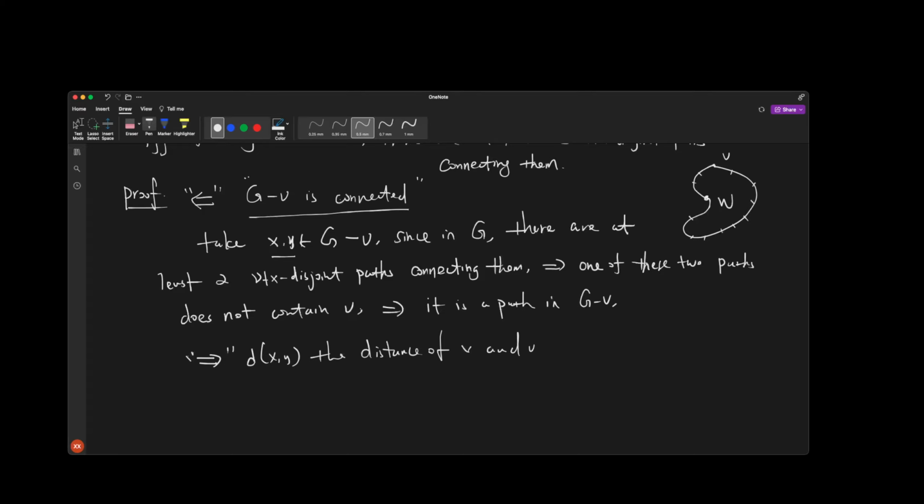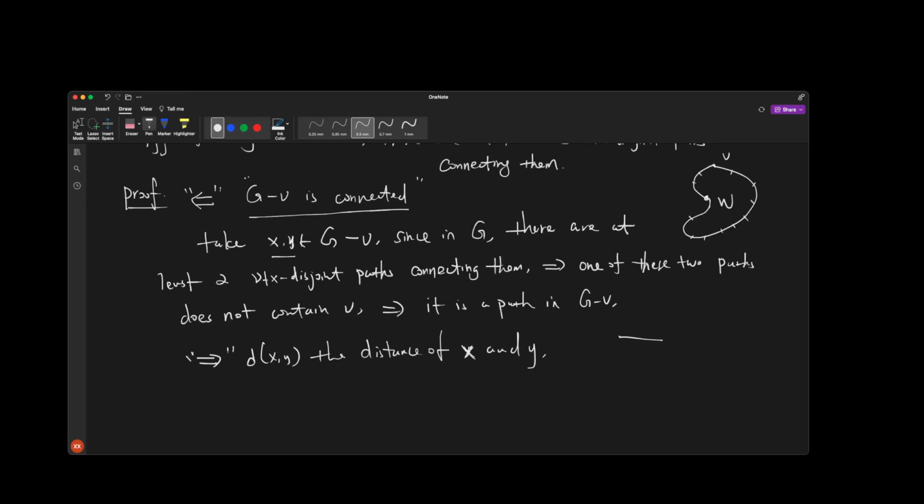In the graph, if you consider the set of all vertices, you can actually define a metric, a distance. It's very natural: you draw paths between two vertices x and y, and the size of the shortest path is the distance.